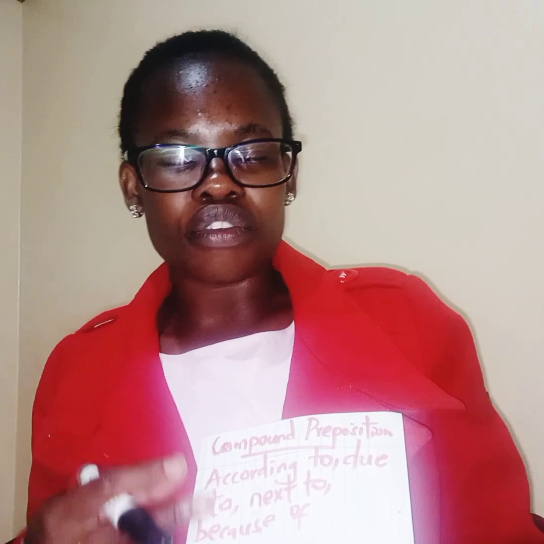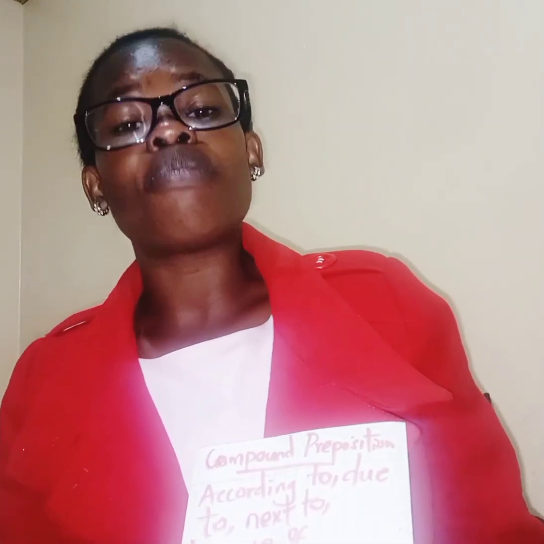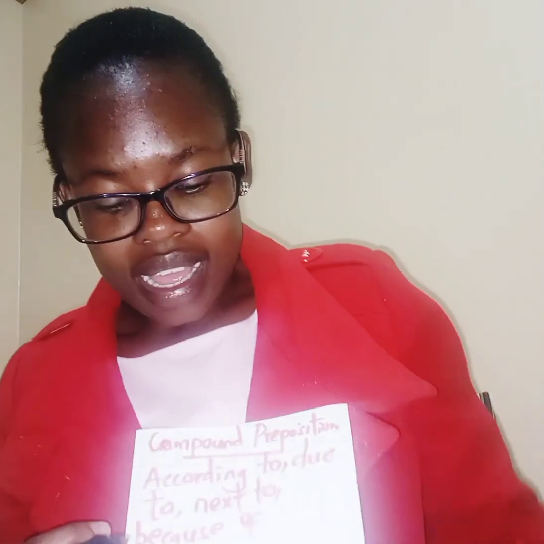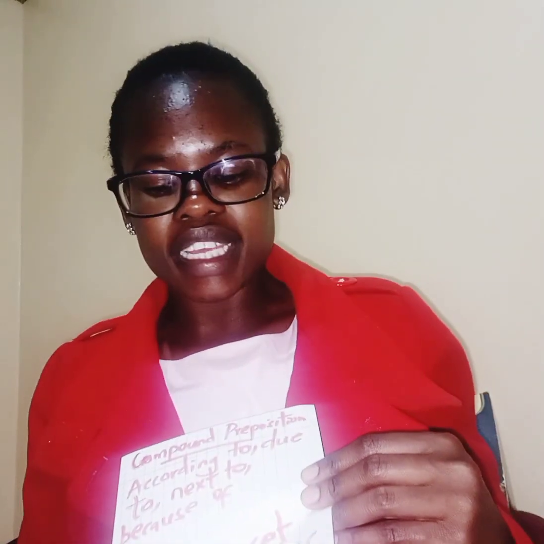I've just given a few. I want you to go on and look up more examples. Let's have an example in a sentence. He was upset because of his son's behavior.